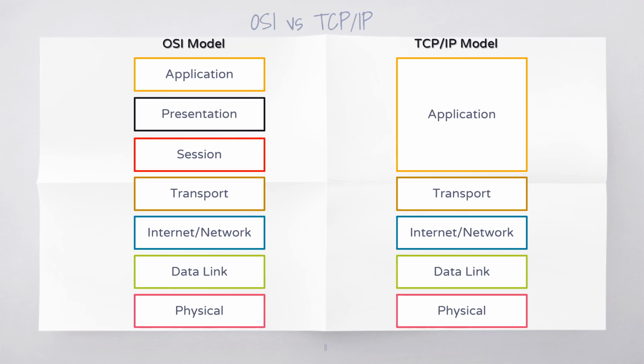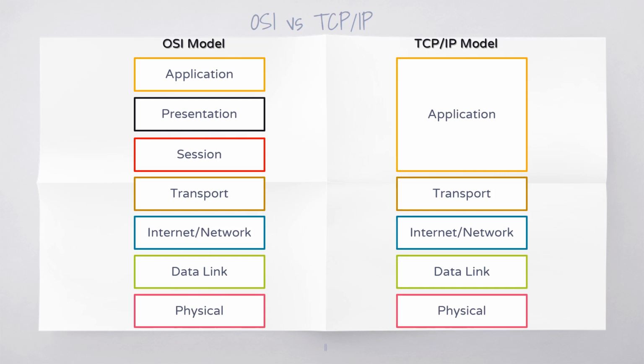And the third reason is that when OSI was implemented by an organization for a different application, it didn't show a high level of performance to convince the internet authority to switch from the TCP/IP protocol suite to the OSI model.